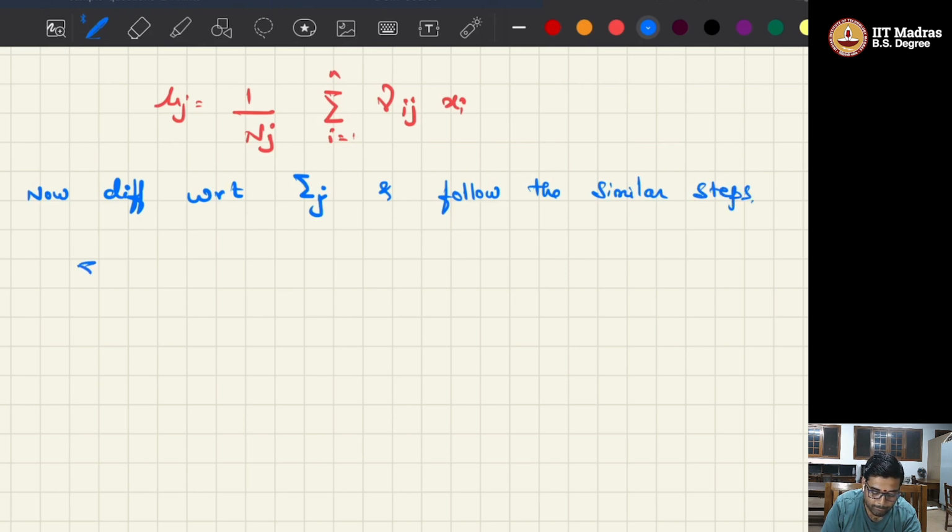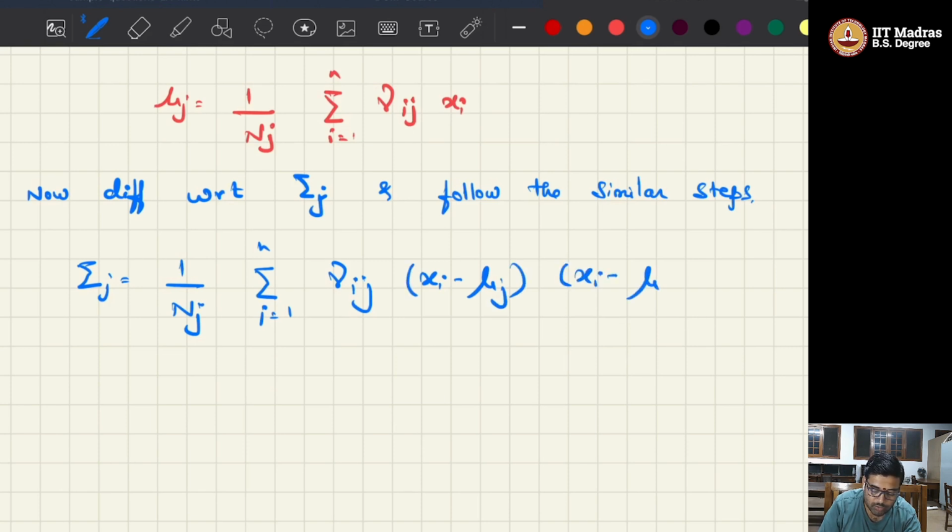You get sigma j equals 1 over nj, summation i equal to 1 to n, gamma ij, xi minus mu j into xi minus mu j transpose. Now this will be the value that you get.